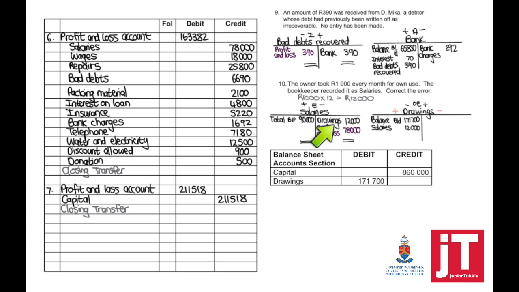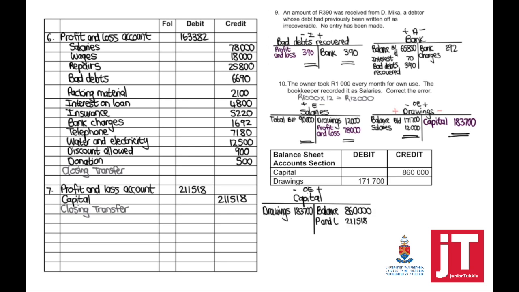Salaries was credited so that drawings can correctly be debited. After we've made the adjustment, that is closed off to the capital account, which means that drawings is going to be credited and account debited, capital, and that is going to go into your general journal as your closing transfer.